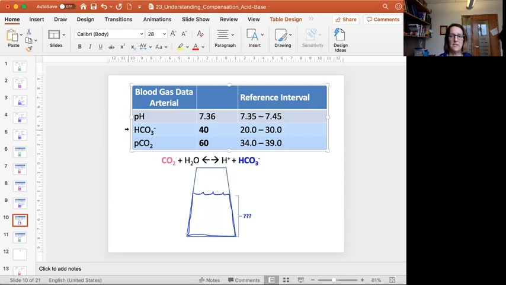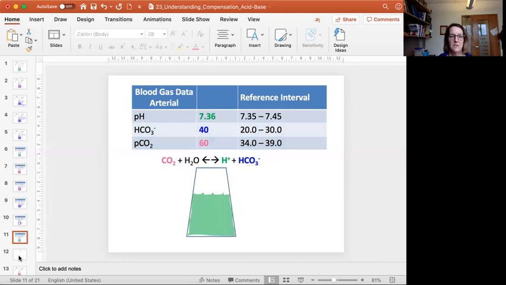So this mixed process happens to be going in opposite directions, alkalosis, acidosis, and then we end up with pH that's still in the reference interval. So that is one way of doing that. And there's obviously no compensation going on, nothing to calculate in this case. The answer would be mixed metabolic and respiratory blood gas problem.